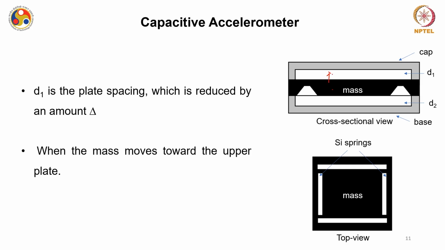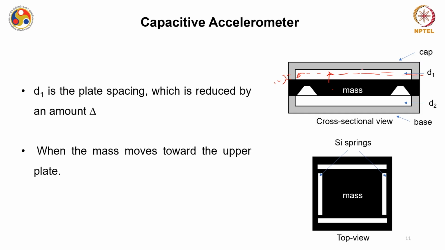If this mass, for example, due to some acceleration, moves towards the upper plate, say initially it was at this place, and it moves by a distance delta to this new position, it means that the D1 value, the separation between this mass and the upper cap, will decrease.